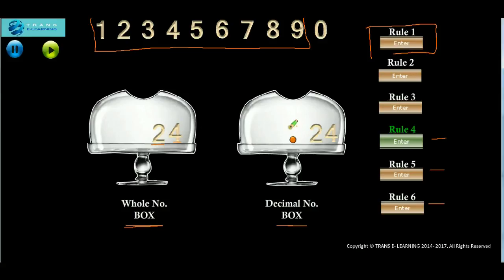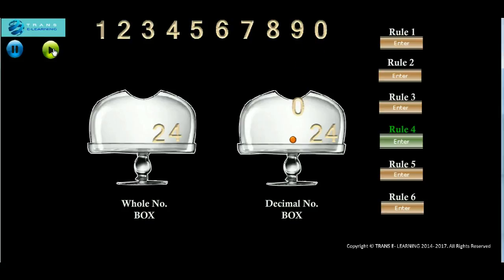All non-zero digits are significant. So I won't be showing them entering the box. I will just place them. I have just placed some random numbers. We're just concerned about the placement of the 0 in these rules. So let's see what rule 4 has to offer.